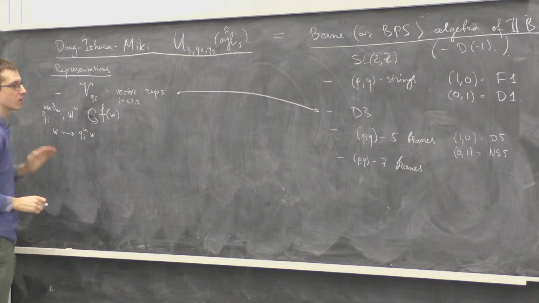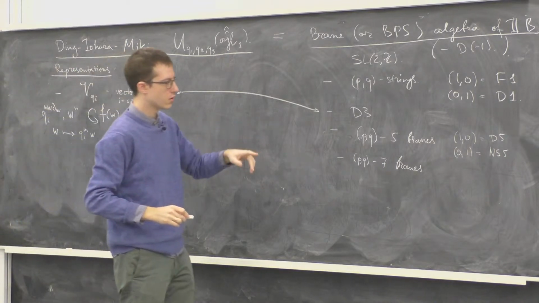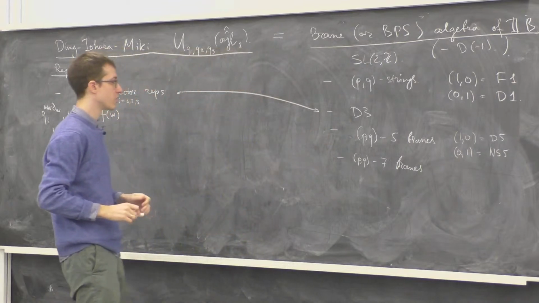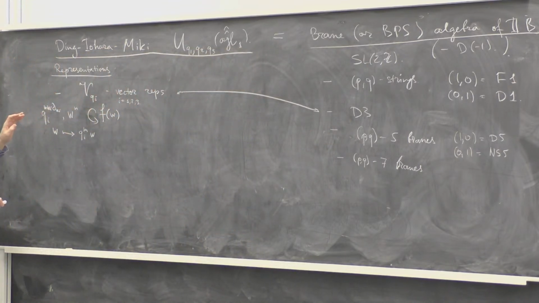We will see how it corresponds to this brane picture, because in our background there will be three types of different branes. There are these vector representations, and we will also see maybe what is the role of these shift operators, how they act in the different brane picture.